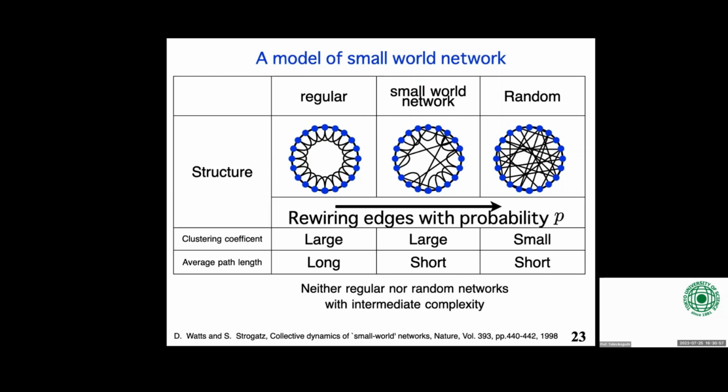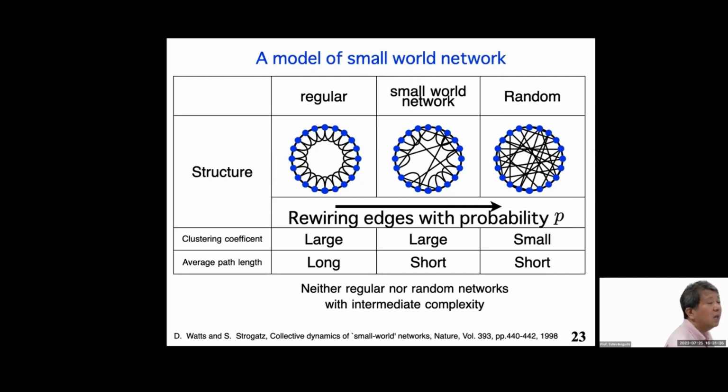Specifically, we use the idea of rewiring edges with some probability P. This probability P is introduced as a parameter that determines whether or not to rewire each edge in the regular network. For example, if P equals 0, no edges are rewired, but if P equals 1, all edges are rewired.